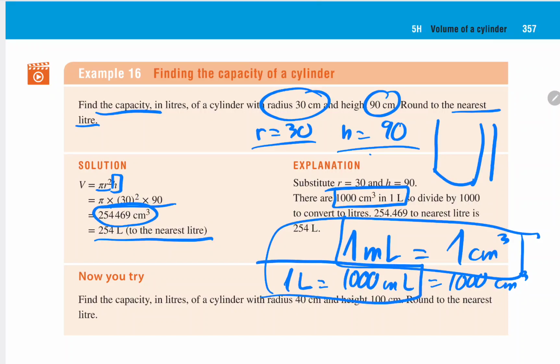When you have meters, 1 meter has how many millimeters? 100? What? 1000. 1 meter has 1000 millimeters. So remember the main unit. If you have, let's say, meter, when you go to millimeter, it's times 1000.